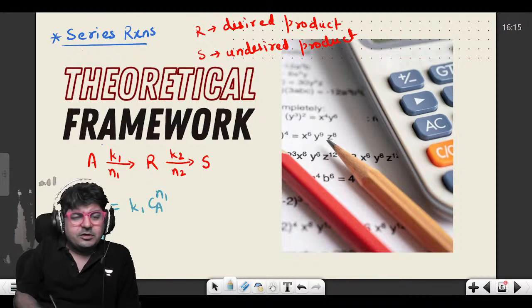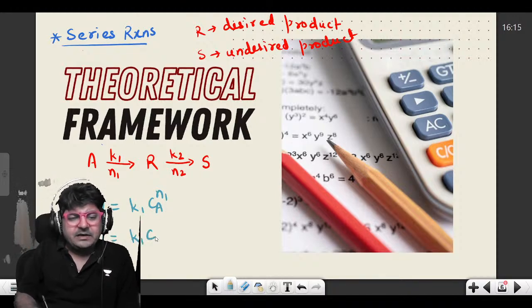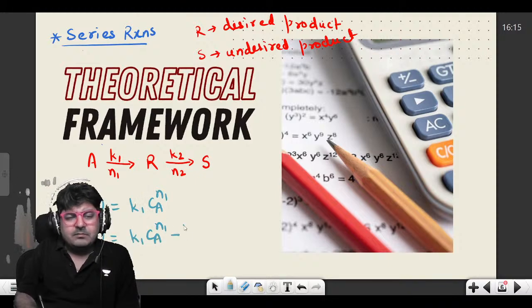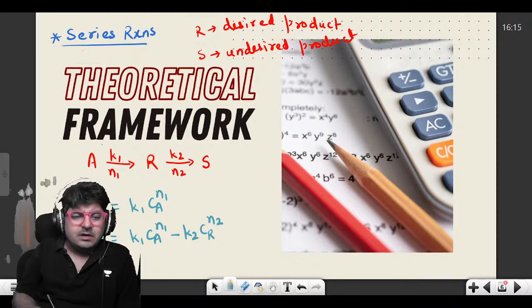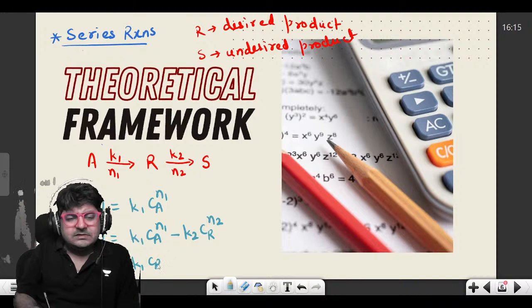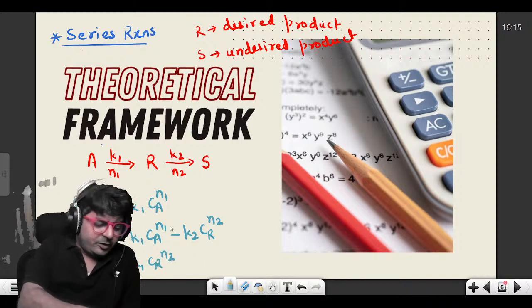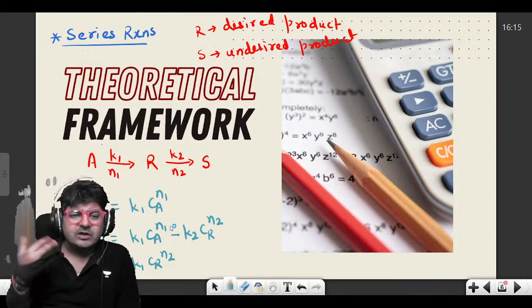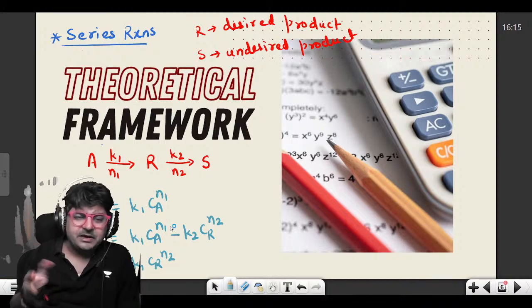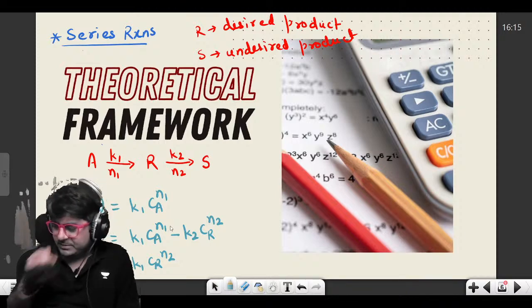In terms of formation of R, it will be K1 CA power N1 minus K2 CR power N2. And for S, it will be K2 CR power N2. We have already discussed in the first and second part how to write the rate equations. I hope these things are clear to you.